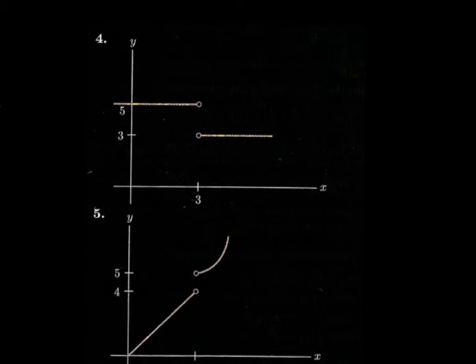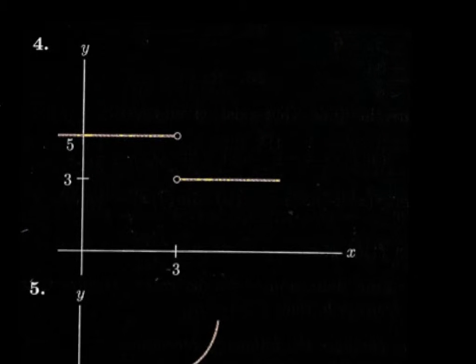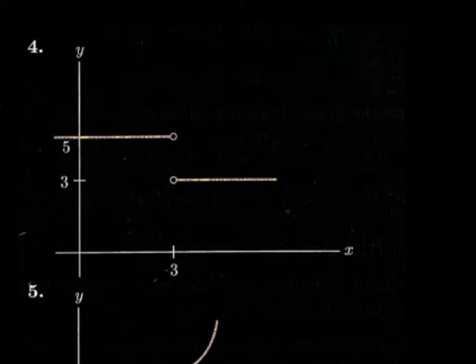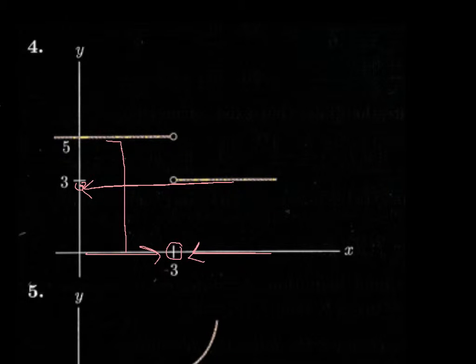We can see number 4. And as the function approaches 3 from the right-hand side, we can see that the output values are approaching 3. In fact, they are consistently 3. As we approach 3 from the left-hand side, we can see that the output values are consistently 5.